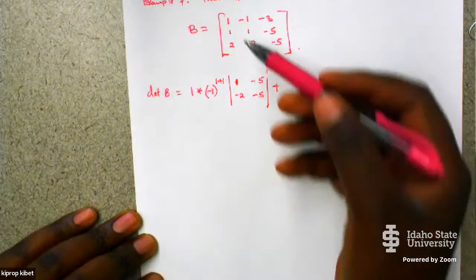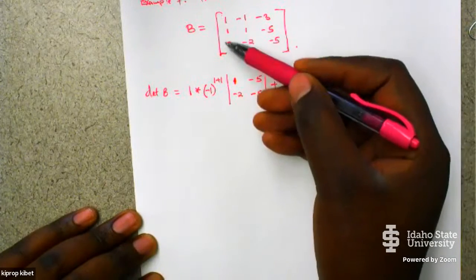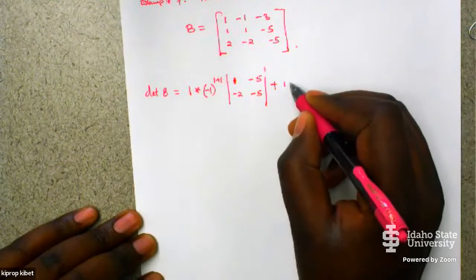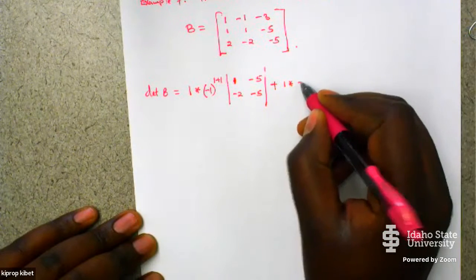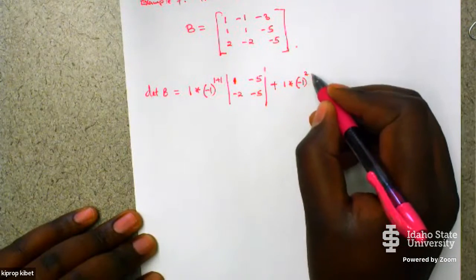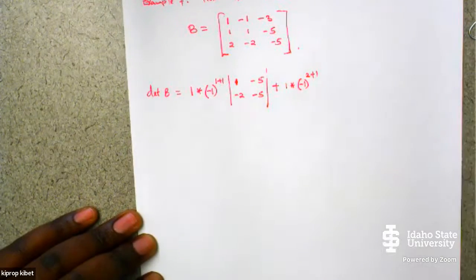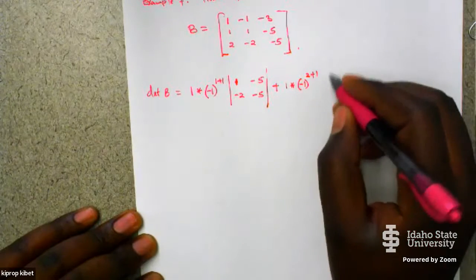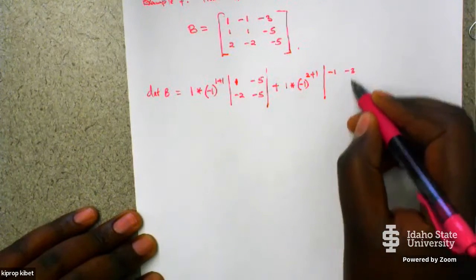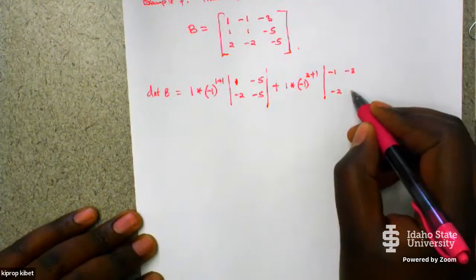Plus, since we are using the first column, we take this 1 again, multiplied by -1 to the power 2 plus 1, since we are deleting the second row and the first column, times the determinant of [-1, -3; -2, -5].